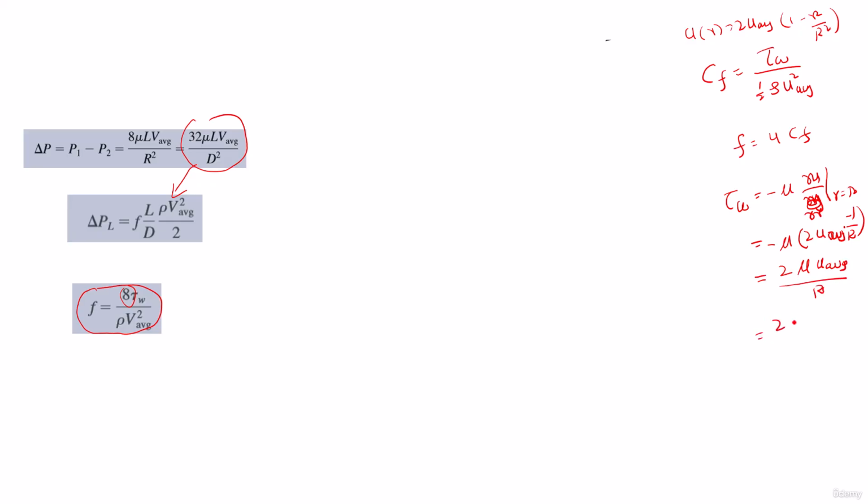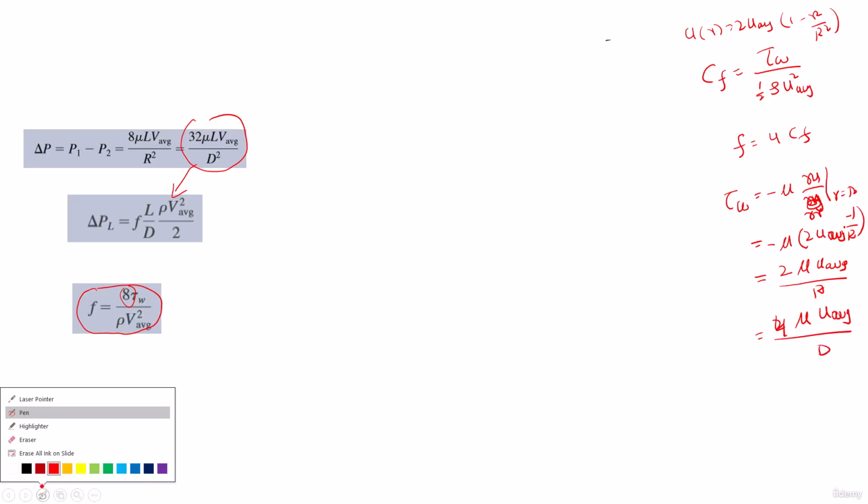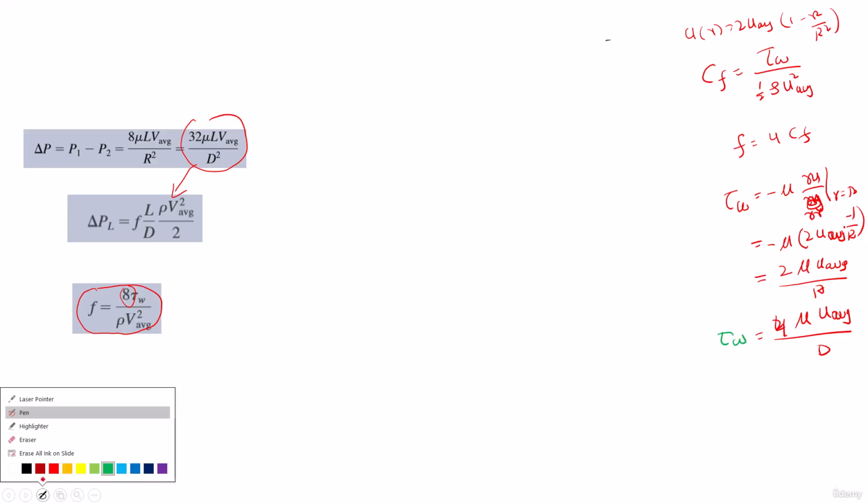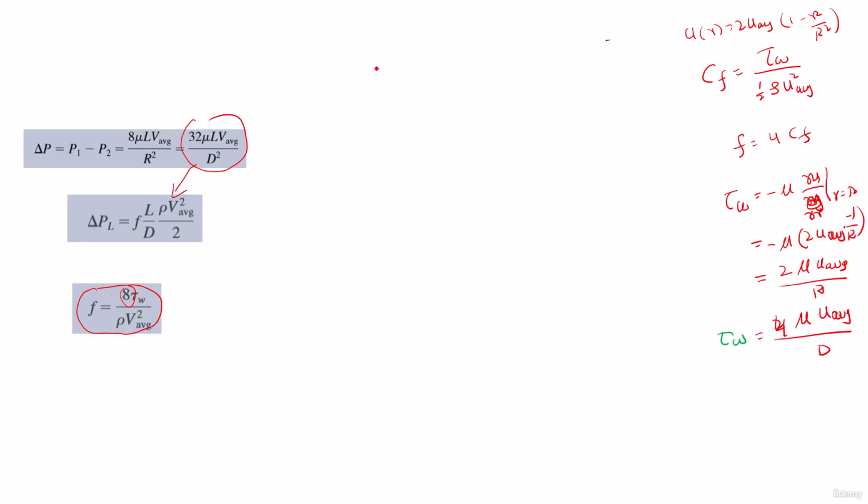If I change the radius to the diameter, this becomes 4 mu u average divided by D. So now you know that the wall shear stress is equal to 4 times mu and u average upon D. From this, delta P is 32 mu L u average divided by D squared.